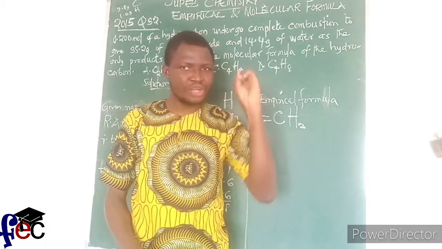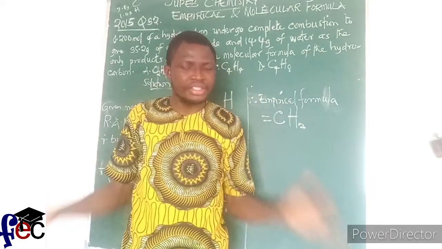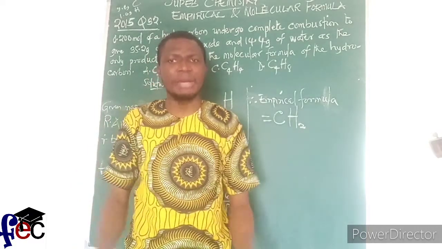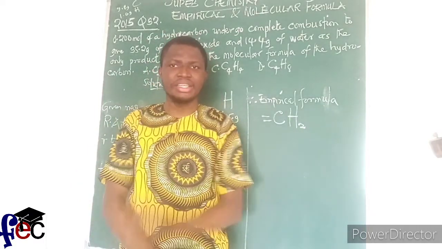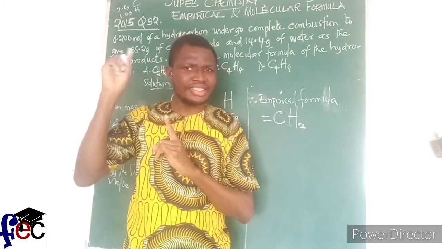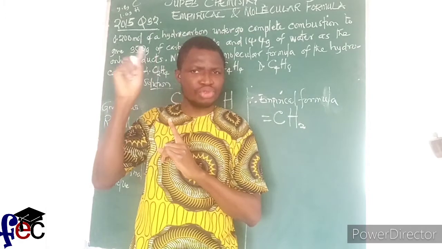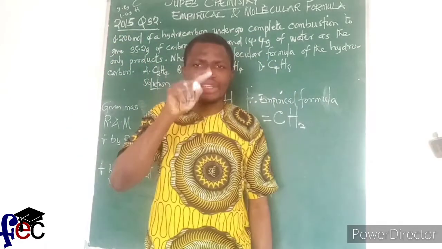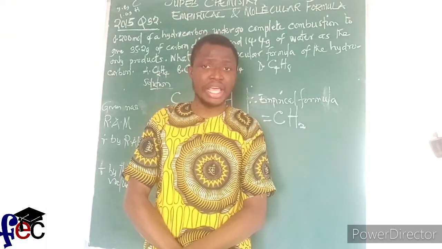But you take note, this question didn't give me vapor density. This question didn't give me direct value for the relative molecular mass. So how do I now get it? They gave us an information at the beginning. What was that information? 0.200 mole of the hydrocarbon. So they gave us the number of mole of the hydrocarbon.